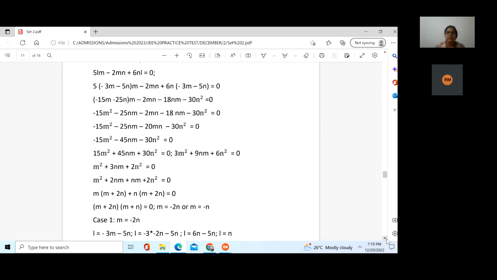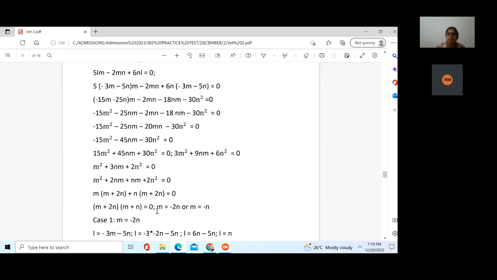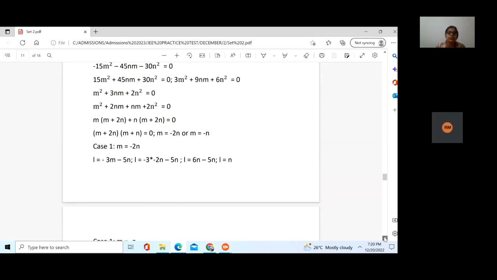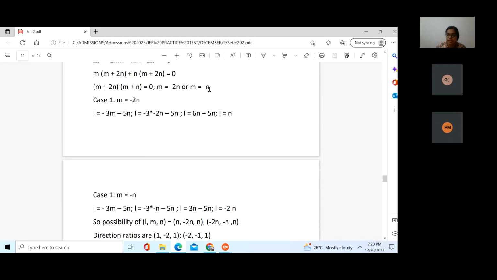Once I have these two values, I understood that there are two cases in which I have to work. For the first case, I have taken the value of m is equal to minus 2n. I have substituted this value and found the value of l as l is equal to n. Similarly, in case 2, I took the value of m as minus n, substituted it in the same part, and got the value of l as minus 2n.